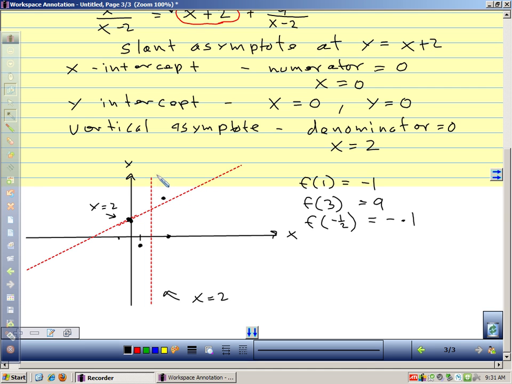So the way my graph is going to look is like so. And it's going to go down this way and like so. So that roughly is what my graph looks like. We plotted our additional points to see that out here beyond this asymptote it's here, and beyond this asymptote it's in here.